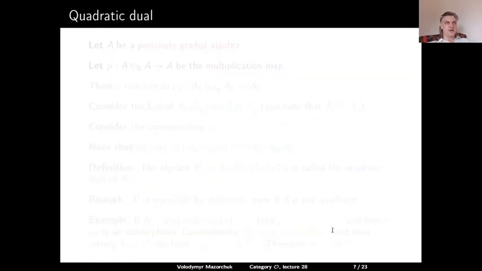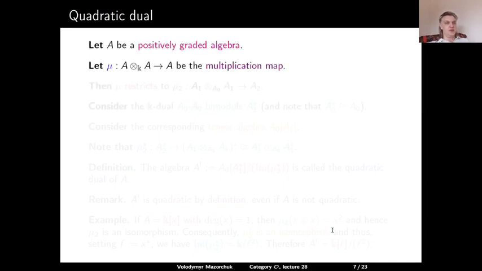So now when we have defined quadratic algebras, we can talk about the quadratic dual. Let A be a positively graded algebra, and mu be the multiplication map in A. So this is a linear map from A tensor over K to A. Then we can restrict mu to the degree 2 part.